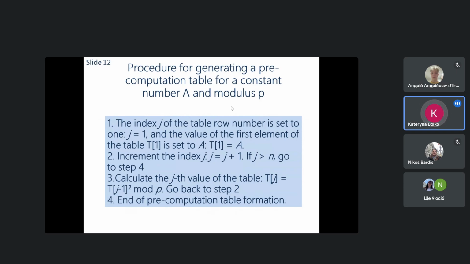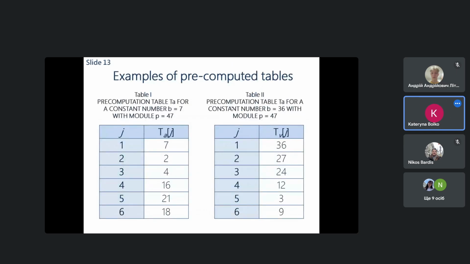The formalized procedure of constructing precomputed tables is presented on slide 12. Since the proposed method uses modular exponentiation with two different constant numbers, an example of precomputed tables for p equals 47 and n equals 6 is presented on slide 13.